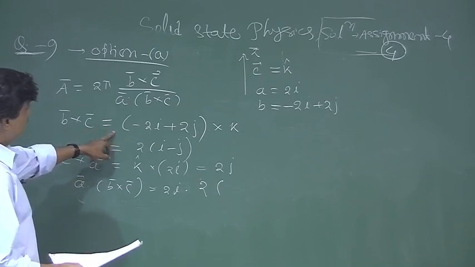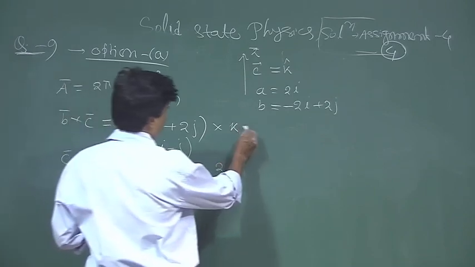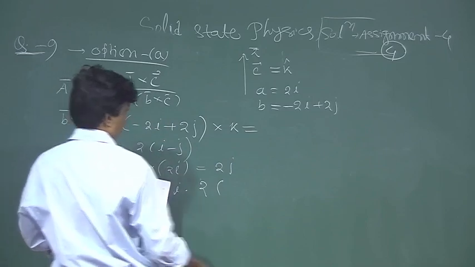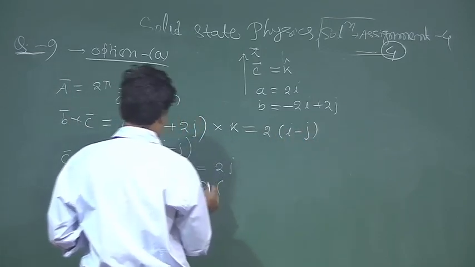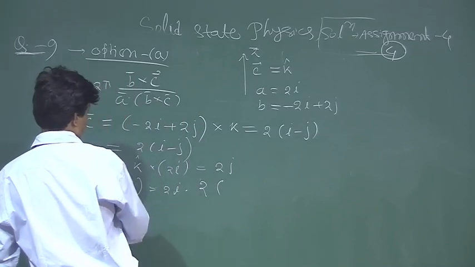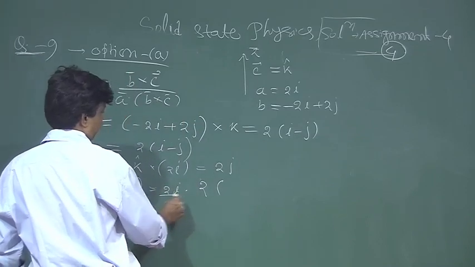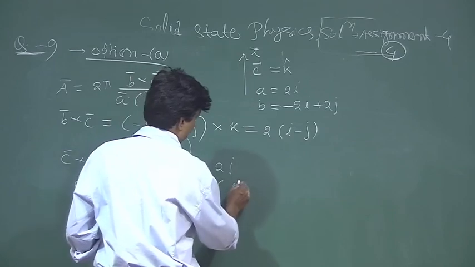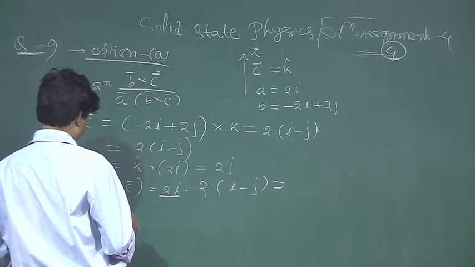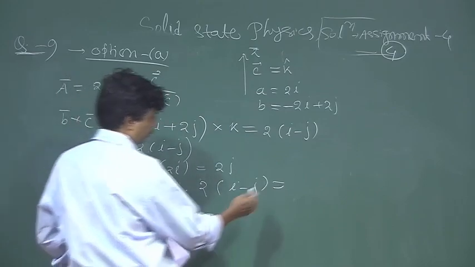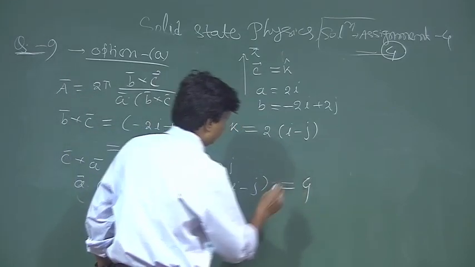B cross C, I forgot to write this result: B cross C is 2 into (i minus j). So, this is A dot B cross C, A is 2i dot 2 into (i minus j). After doing this, you will get A dot B cross C as 4.